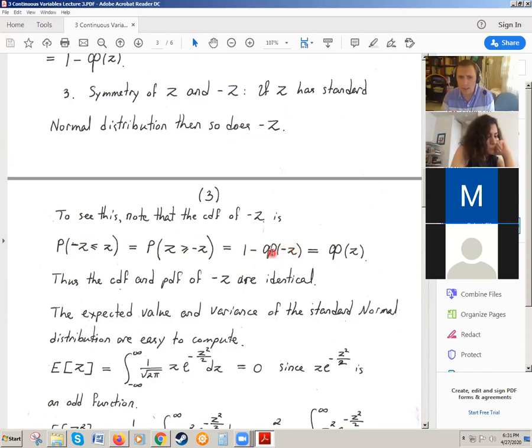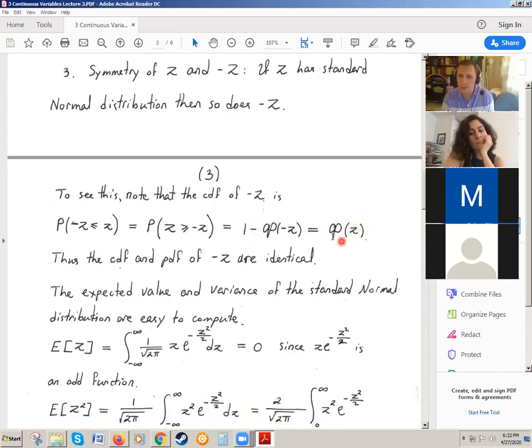Using part 2 of this formula, I can replace this by 1 minus phi of z, and you have 1 minus minus. The ones cancel out, and we are just left with this. So they have the same cumulative distributions and therefore identical density functions.